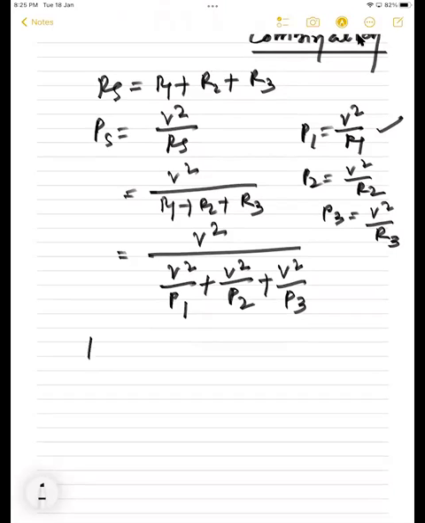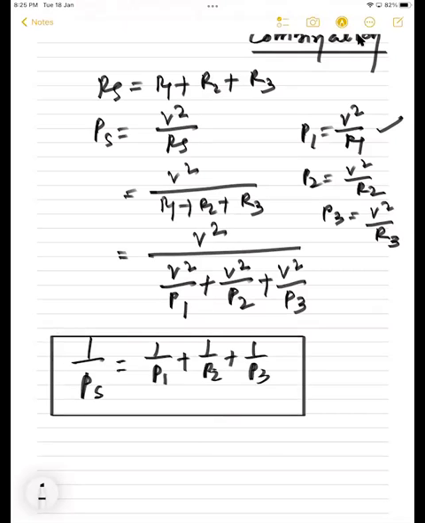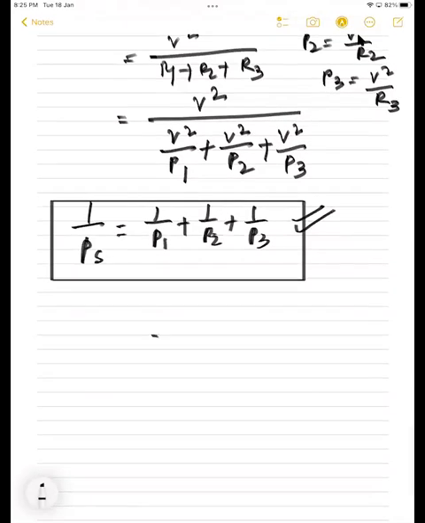So by solving this one, you will see 1 by Ps is equal to 1 by P1 plus 1 by P2 plus 1 by P3, right? Just throw away the misconception in the mind that if three bulbs are connected in series, then the power will be added. No, they'll be treated like parallel resistances. Say there is a bulb with power P and another bulb with power P connected in parallel.